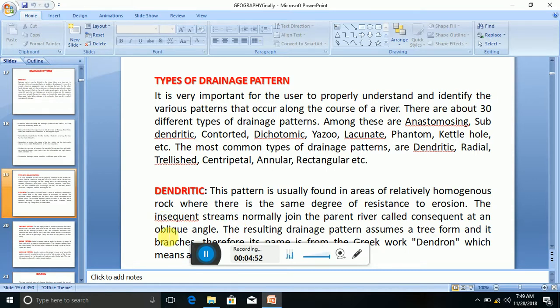So whenever you hear that the tributaries are joining the main river at an oblique angle, know that we are talking about dendritic drainage pattern.